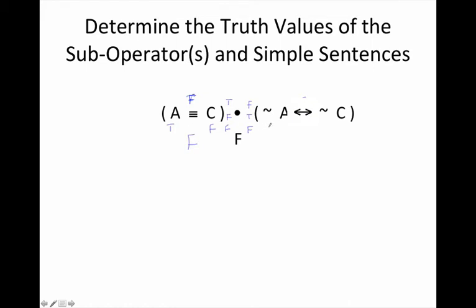That would make tilde A false and tilde C true, and that would make triple bar false. But again, this is just conjecture, because when dot is false and its sub operator can be false in two ways, and no other part of the sentence is forcing us into making A true or C true or A false and C false, we're left with sort of an open-ended set of values.